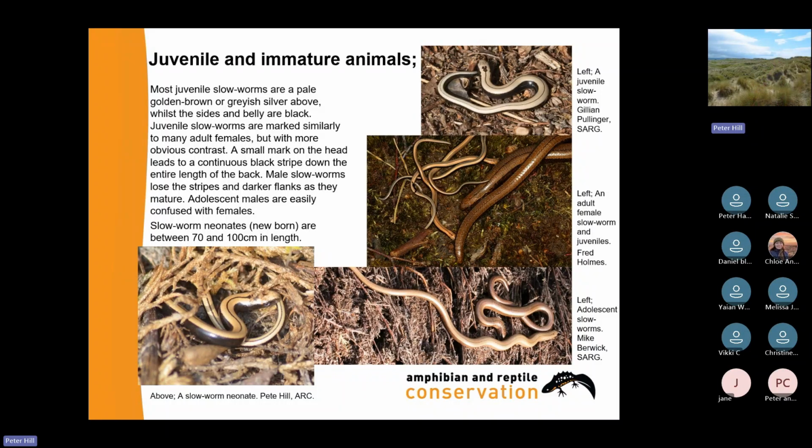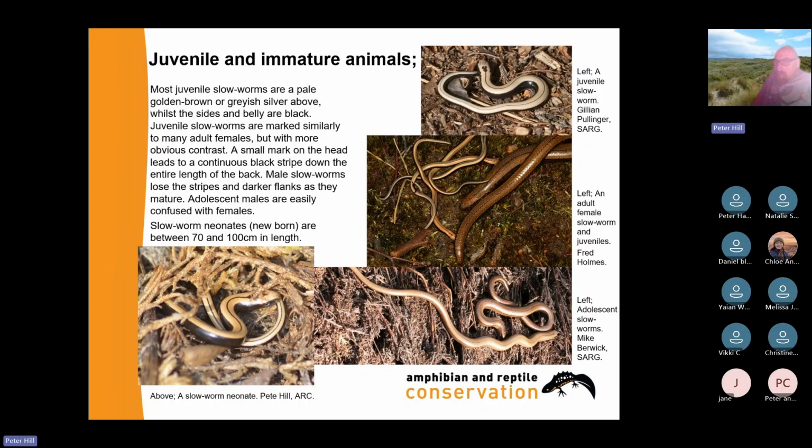I photographed that one in Bridgend a few years back, but you can see that clear demarcation of the sides and the vertical stripe. Those markings fade away almost completely in the case of males, but not so in the case of females. So when a young male is in the adolescent stage, they are regularly confused with females.